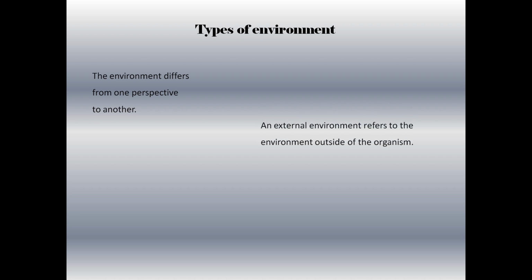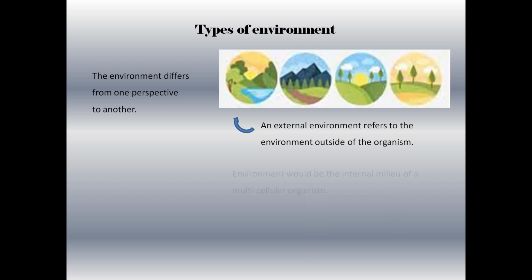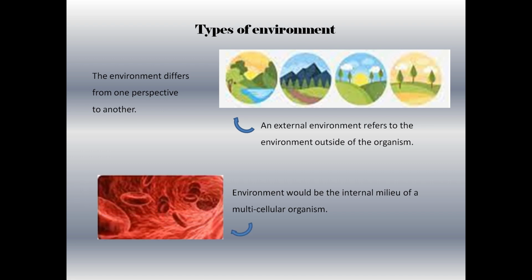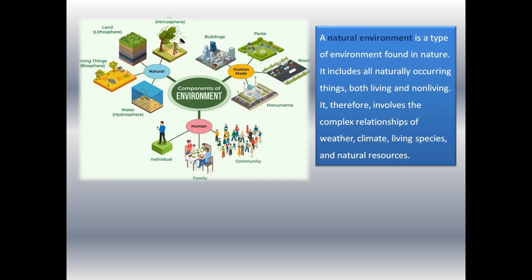Types of environments. The environment differs from one perspective to another. An external environment refers to the environment outside of the organism. Internal environment will be the internal milieu of a multicellular organism. A natural environment is a type of environment found in nature. It includes all naturally occurring things, both living and non-living.